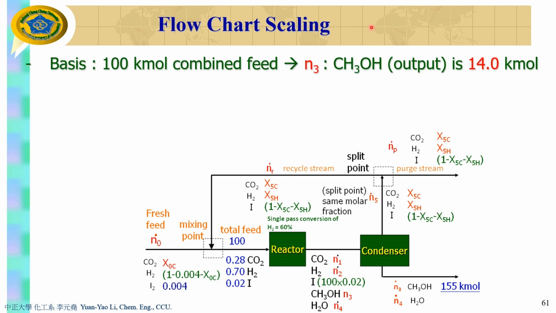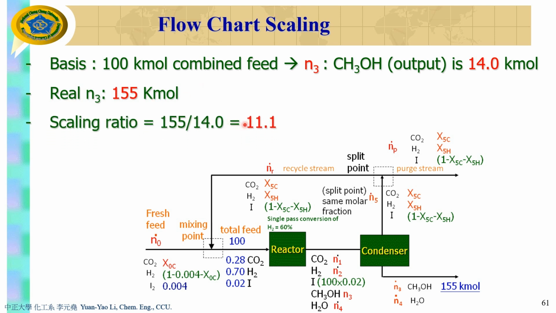So for 100 kilomoles combined feed, N3 we got is 14.0 kilomoles, instead of 155, that would be 14. So you need to do a scaling, right? So the real N3 is 155.